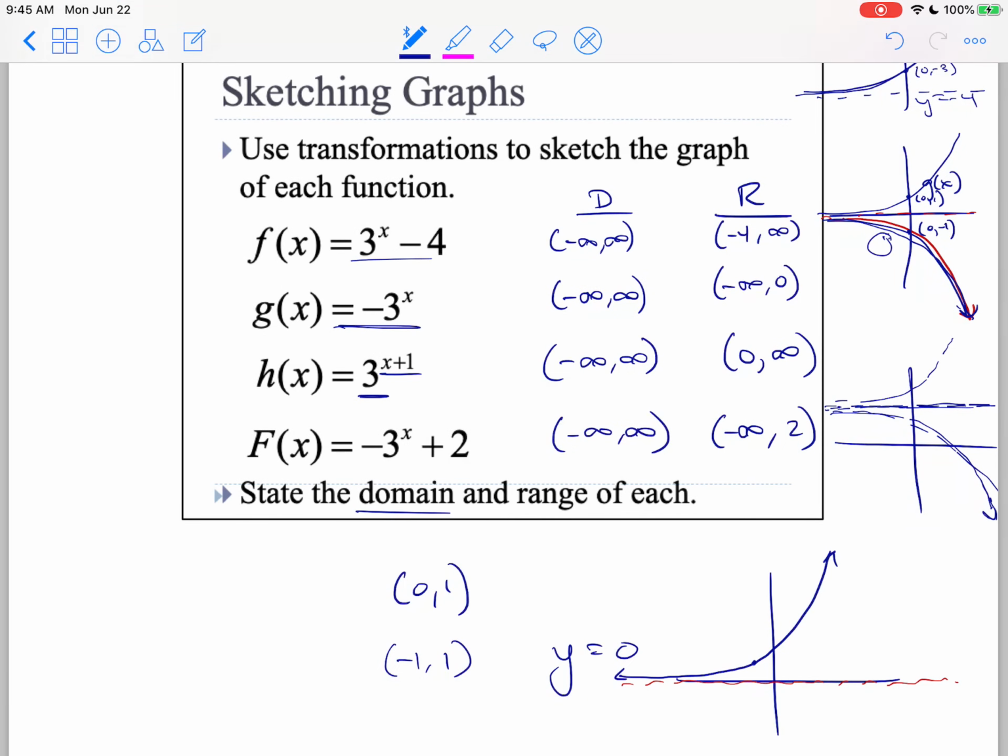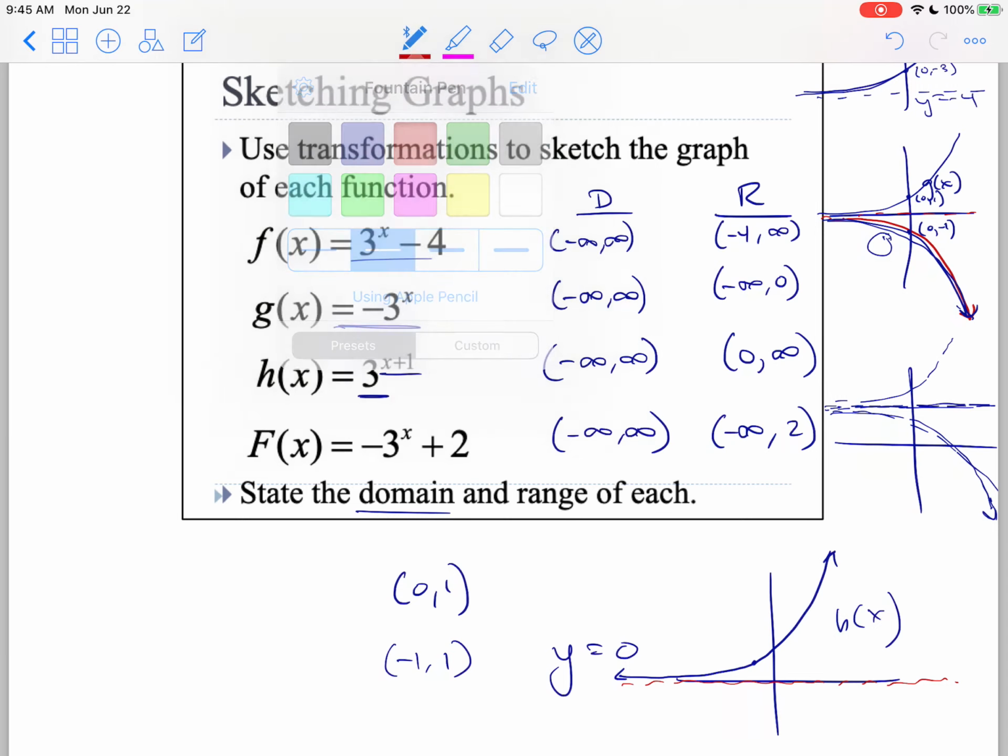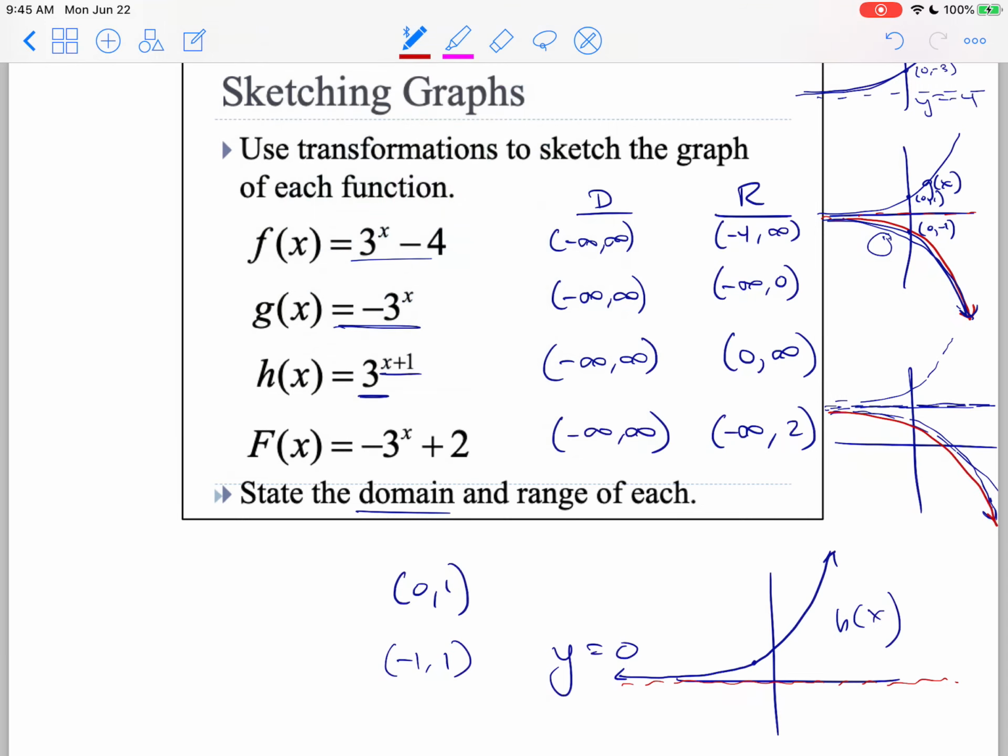I just plotted h of x down here, and then f of x, big F of x, is this graph right here, where this point would have been 0, 3, because it was shifted up 2, but then it was reflected over, so this is actually back to 0, 1 again.